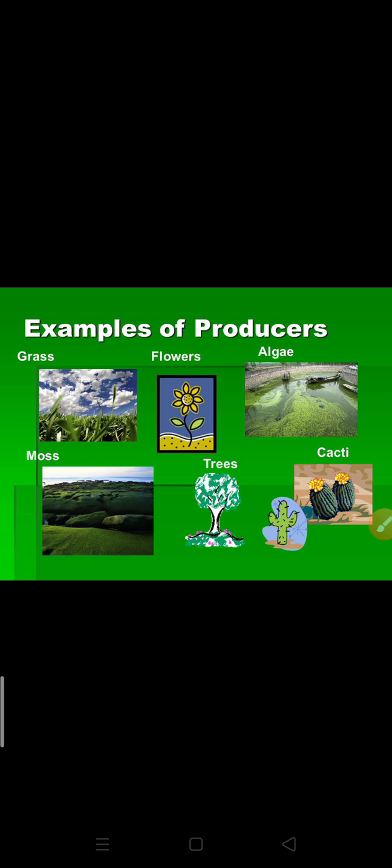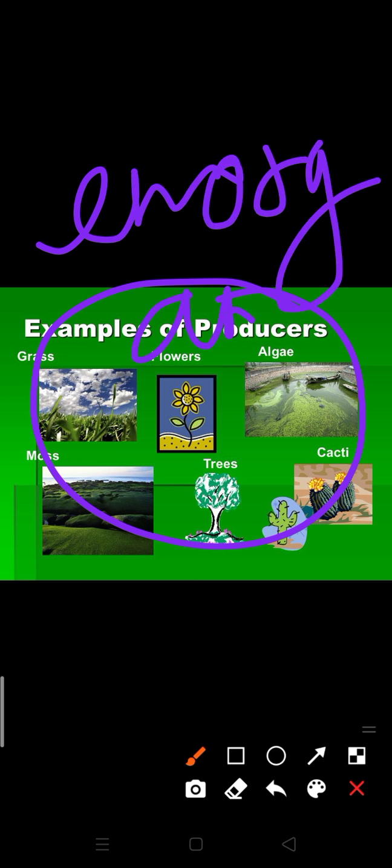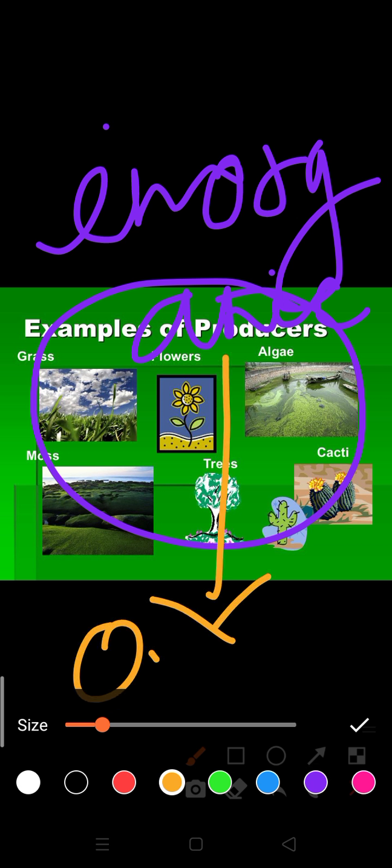Grasses, moss, flowers, trees, algae, they all are producers, because they are able to prepare their own food, meaning they convert inorganic substances to organic substances in the presence of sunlight, and this process is known as photosynthesis. Green plants and certain blue green algae can also work as producers.